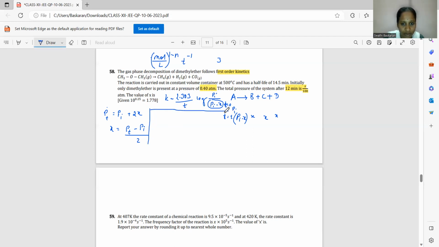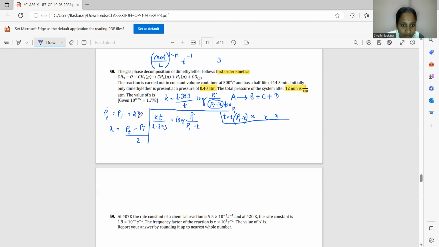Now instead of writing K is equal to, I'm taking it as KT divided by 2.303 log Pi by Pi minus X. Which means KT divided by 2.303 is equal to the log of Pi by Pi minus Pi minus 6.